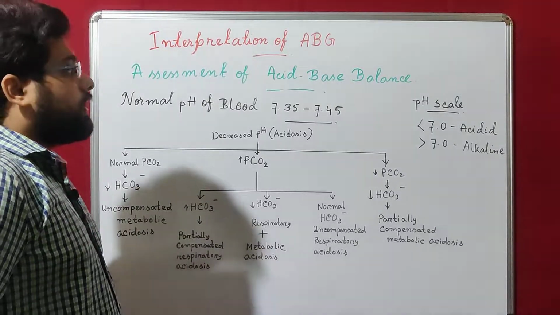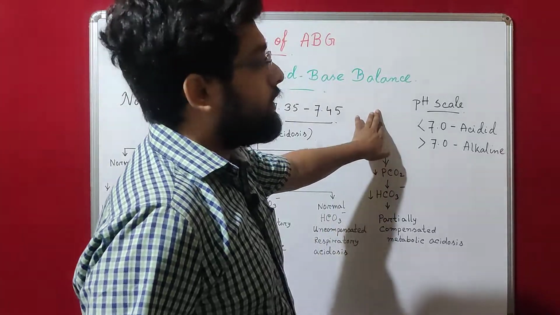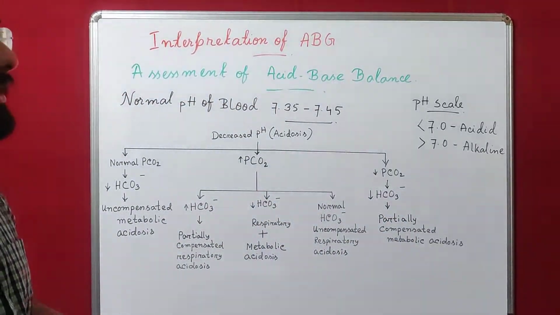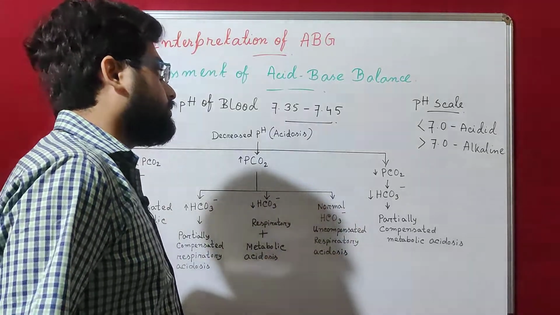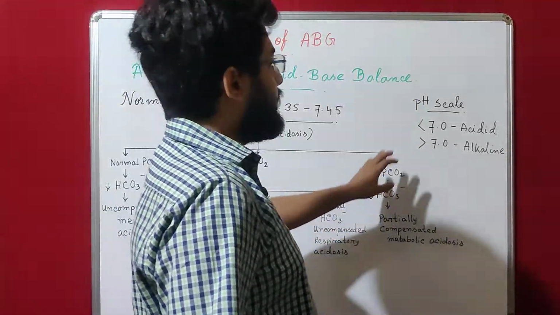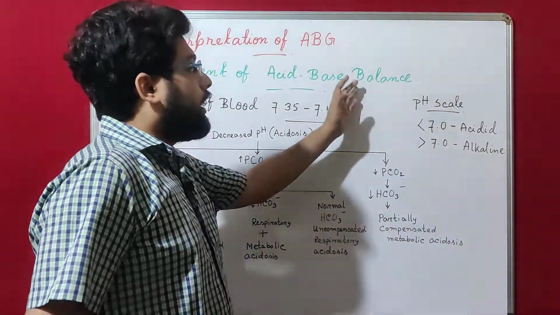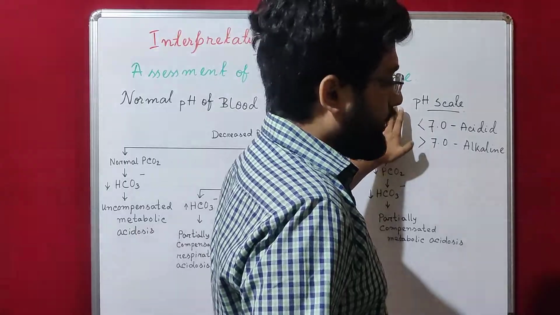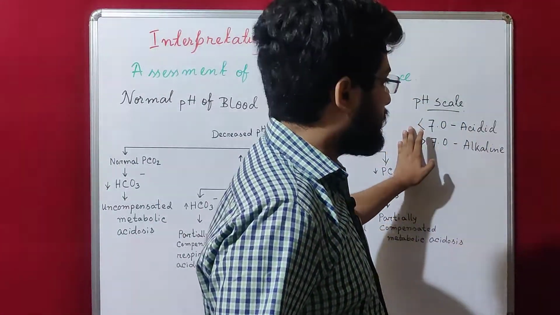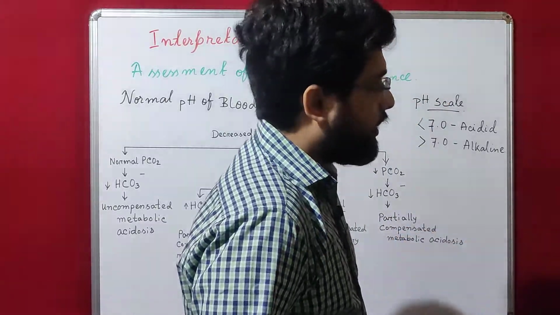That means, in simple language, pH is the negative logarithm of the power of hydrogen in any solution. In the normal pH scale, 7 is neutral, pH less than 7 is considered acidic, and pH more than 7 is considered alkaline.